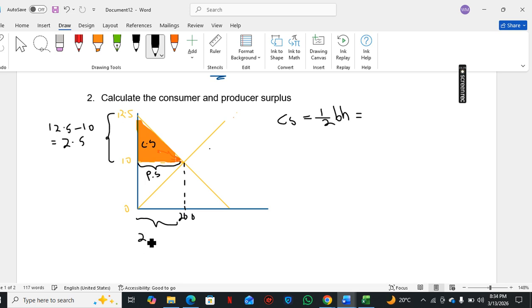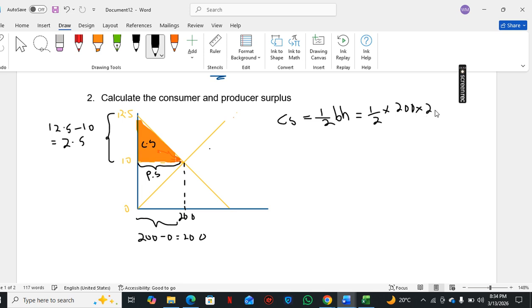So the breadth is going to be 200 minus 0, which equals 200. So the consumer surplus is half multiplied by B, which is 200, multiplied by H, which is 2.5.